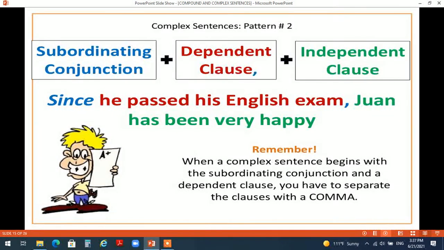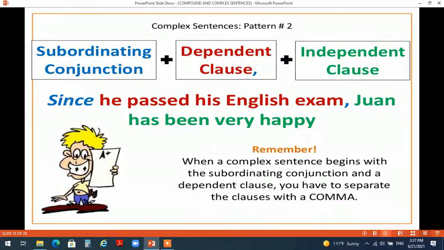For example, since he passed his English exam, Juan has been very happy. Here you can see we have a complex sentence because we have a subordinator, which is the word since, which has been put in the beginning of the sentence. So, since he passed his English exam, this will be the dependent clause. Juan has been very happy, this will be the independent clause.